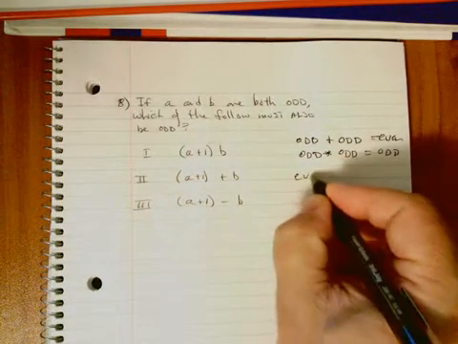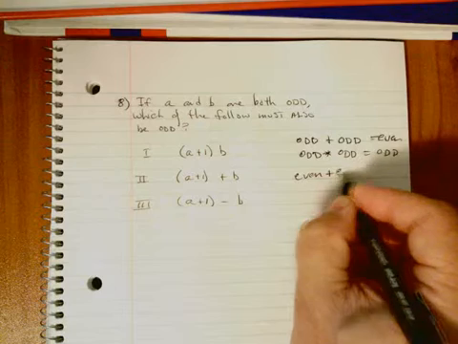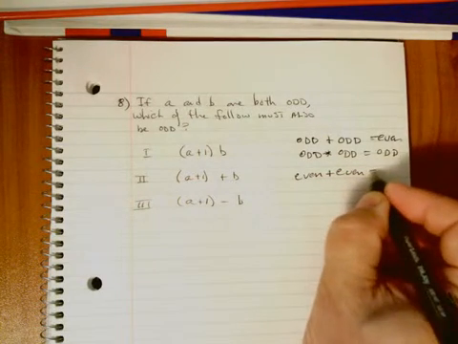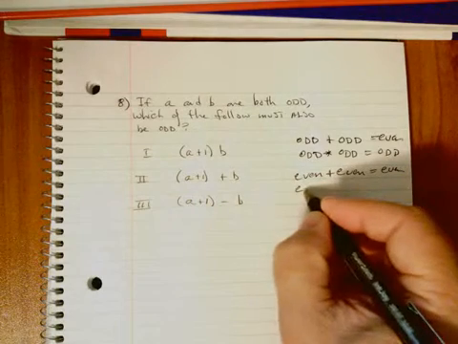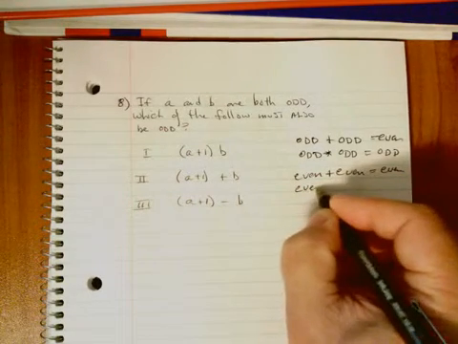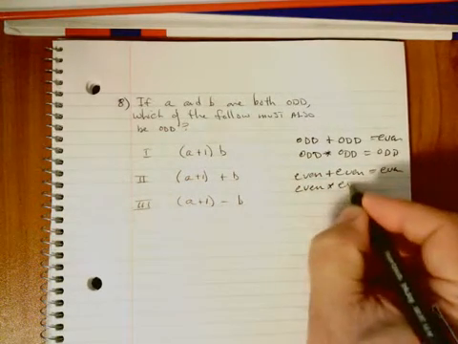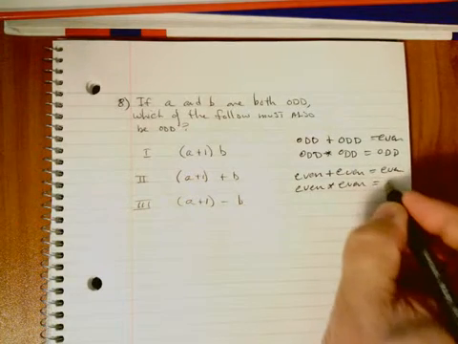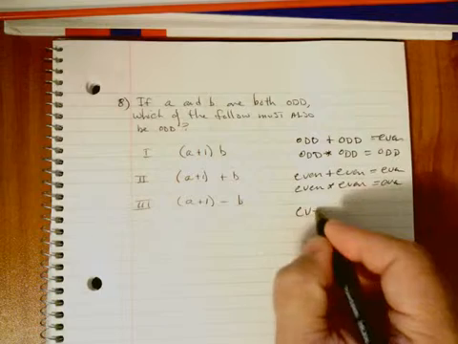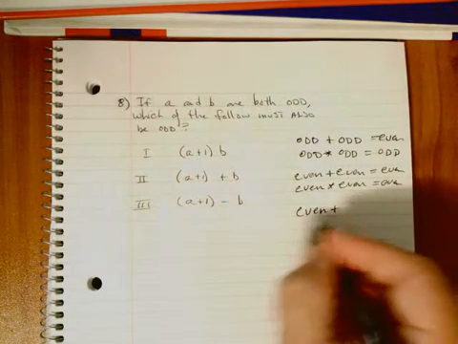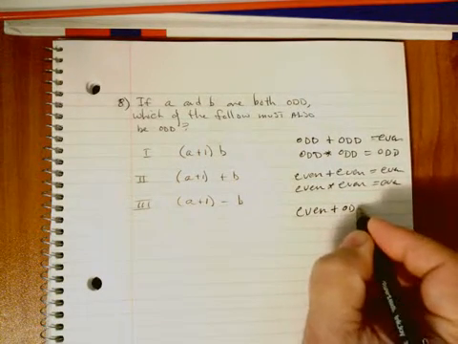If you have an even and you add it to an even, you're going to get an even. If you have an even and you multiply it by an even, you're going to get an even. How about when you add two together, even plus an odd?